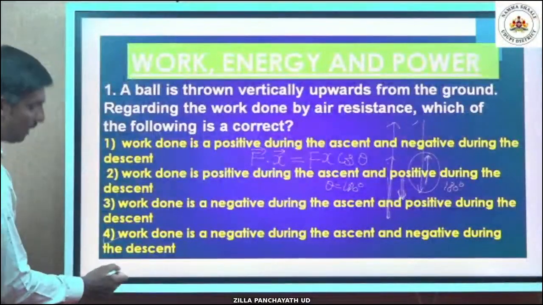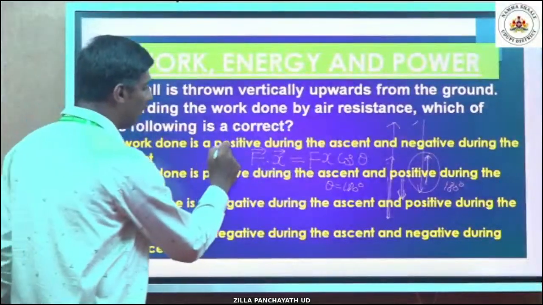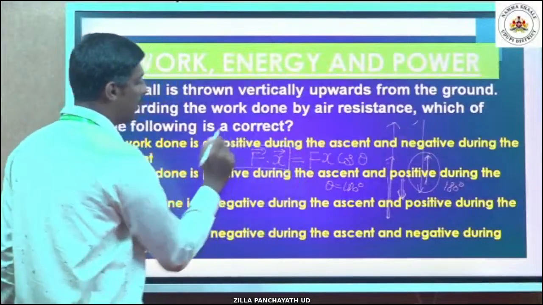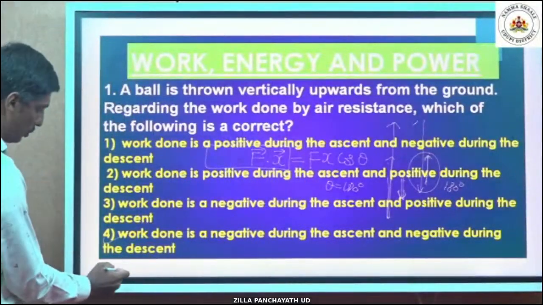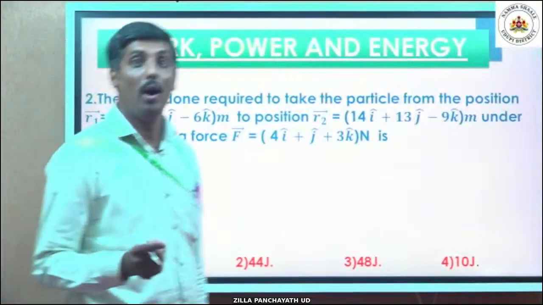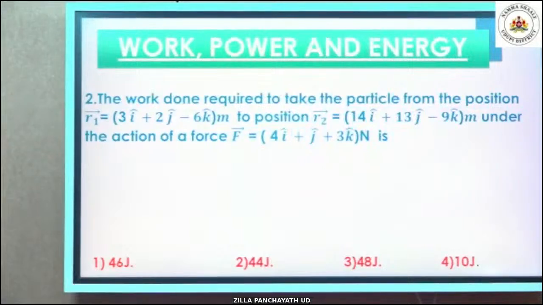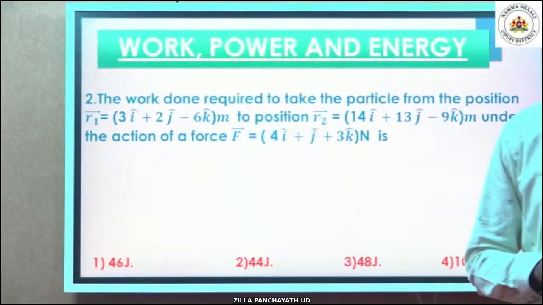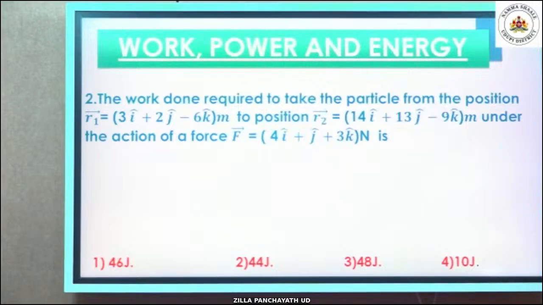So what equation I gave is the first equation you should list out: the work done is equal to F dot x. This is the first formula. Please keep it correctly in a separate page. Next one. It says the work done required to take the particle from the position R1 equal to 3i cap plus 2j cap minus 6k cap to a position R2, he has given the data, under the action of the force.